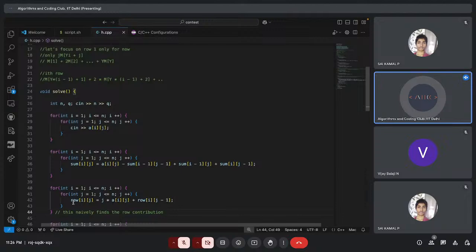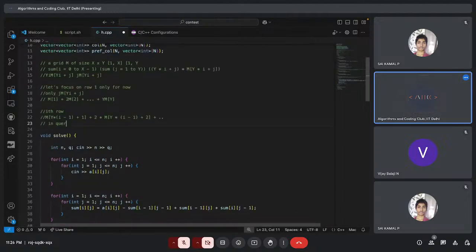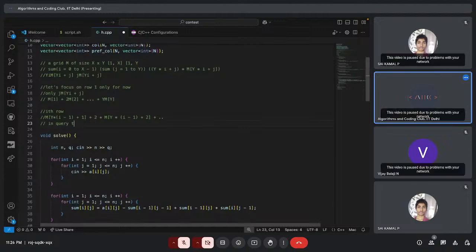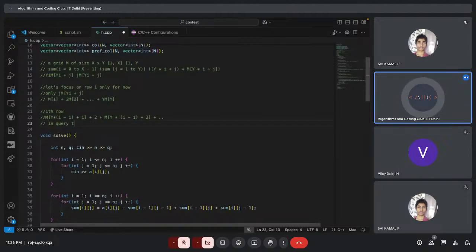So let's say we are focusing on a particular row, we needed to find this sum: R of C1 plus 2 times R of C1 plus 1, plus so on up to C2 minus C1 plus 1 times R of C2. Now this can be written as, sorry, here it would be C2.